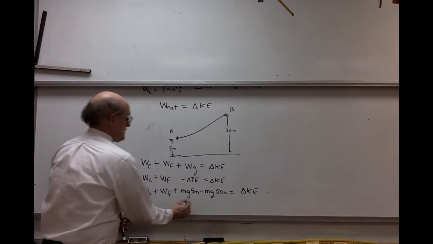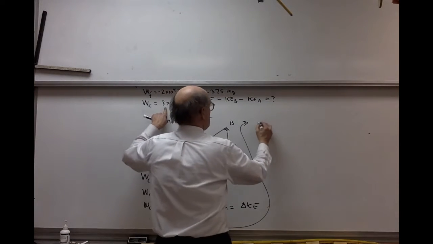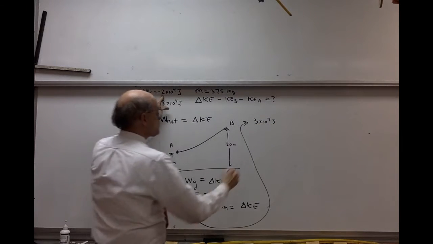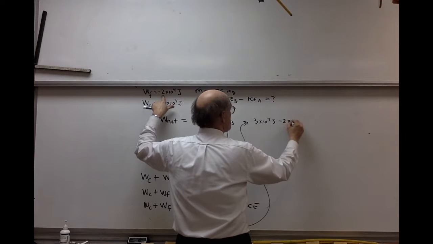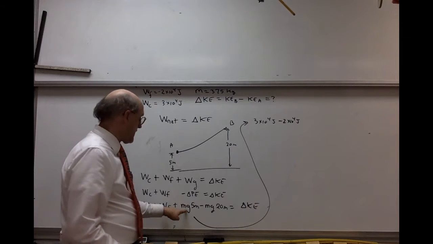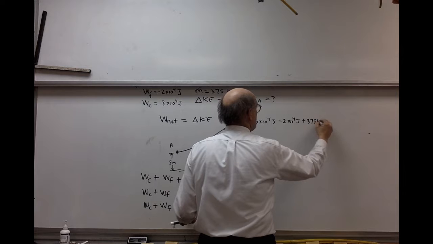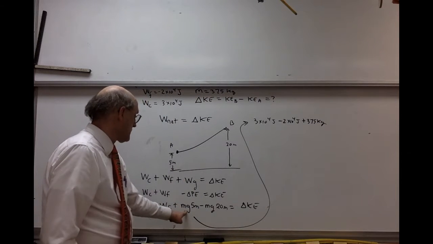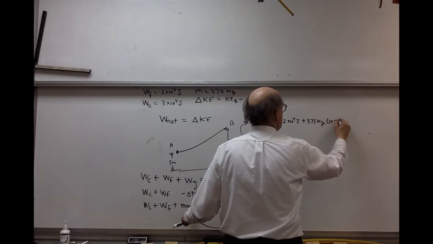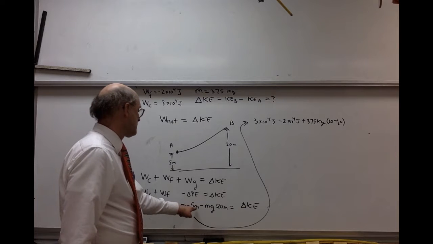So let's put in the numbers. The work done by the chain drive is 3 times 10 to the 4th joules. Work done by friction is 2 times 10 to the 4th joules, negative. We have to add to that the mass, 375 kilograms, times g, 10 meters per second squared, times 5.